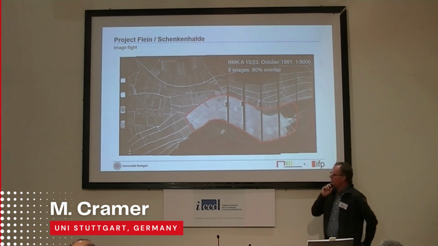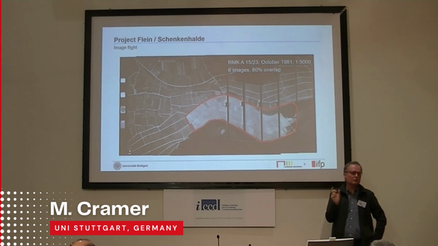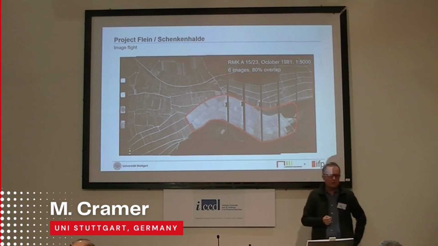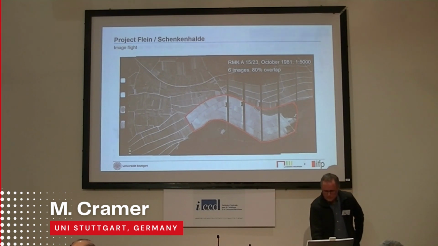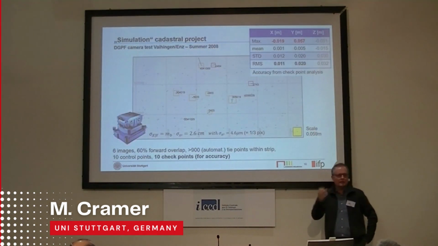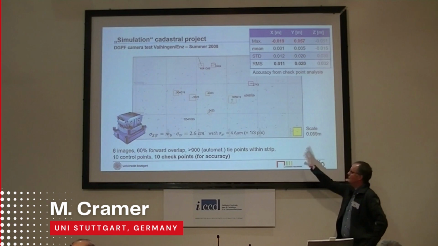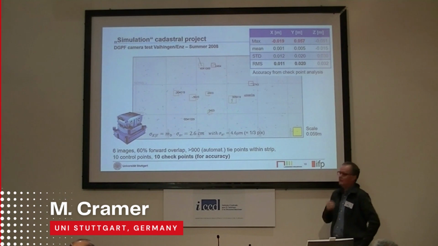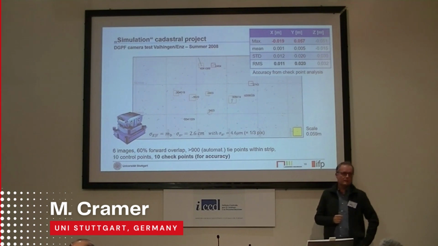What you can notice is that in this cadastral photogrammetry project, the images were taken with a large forward overlap, 80%, which was maybe not standard for all the remaining projects. In order to prove whether we could achieve the high quality demands of a maximum tolerance of 8 centimeters when we take these old images into a new piece of software, we again took some of the data from the DGPF, the German Society of Photogrammetry and Remote Sensing, camera test, which was flown in 2008 in a defined test site, the Vaihingen/Enz test area.